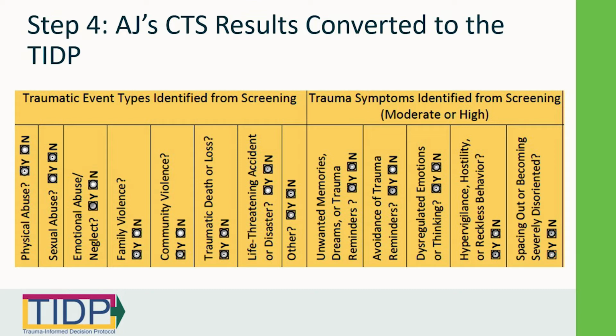It's very important on the TIDP that you not leave any items unchecked so that you're making sure to identify these as either a yes or a no based on the information from the CTS or more broadly from the intake.